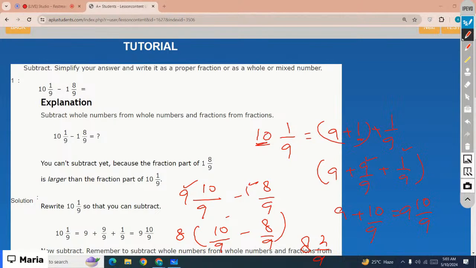So you rewrite the fraction. You write the whole number 10 as 9 plus 1, and then you write the 1 as 9 over 9 because 9 over 9 makes 1. So when you add the fractions, 9 plus 1 is 10 over 9. Now you can subtract 10 over 9 minus 8 over 9, right? So that is 8 whole 2 over 9.